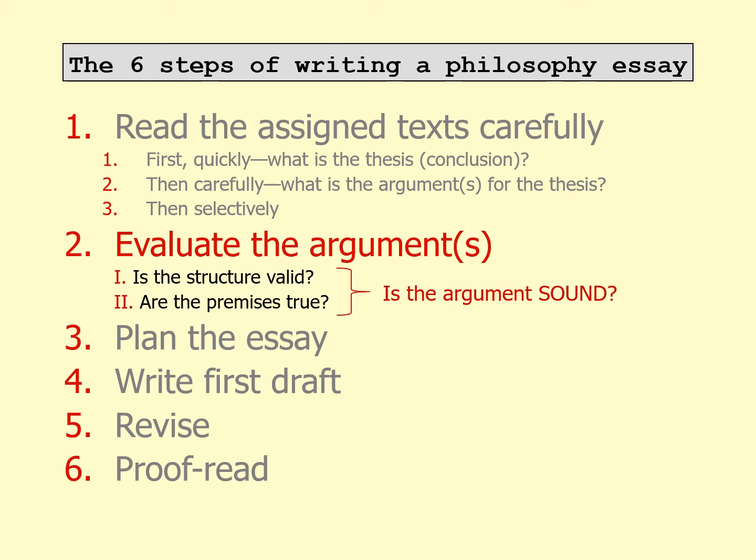If your evaluation shows that either some premises are false or the structure of the argument is invalid, you will be disagreeing or partially disagreeing with the argument. If it is the case that both the argument is invalid and a premise or more is false, you will be fully disagreeing with the argument. Otherwise, you're likely to agree with the argument.